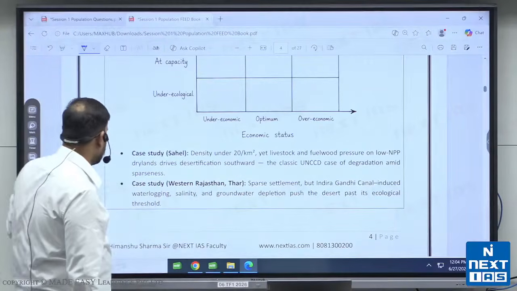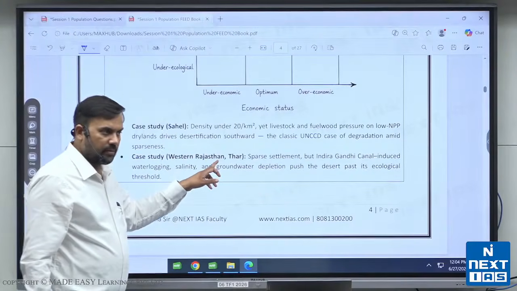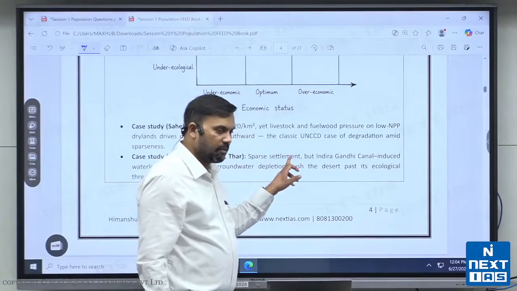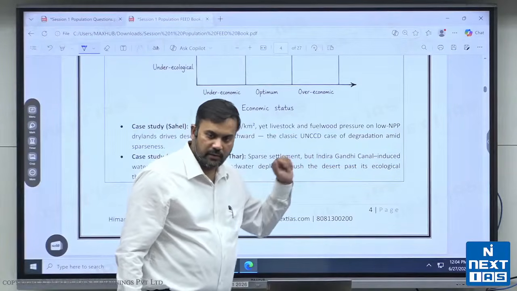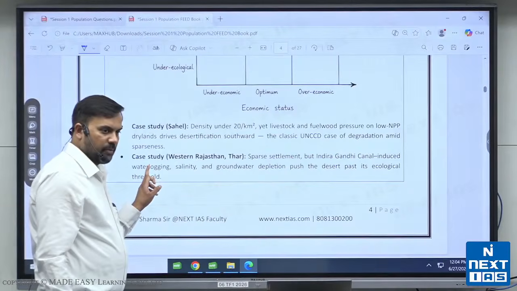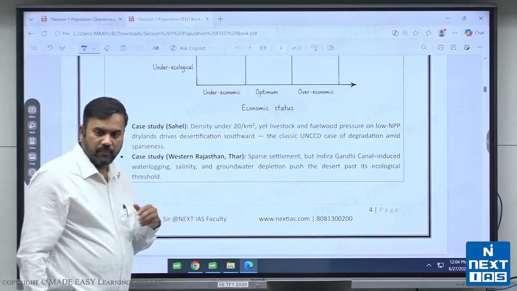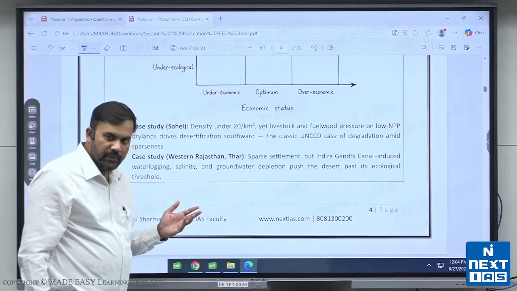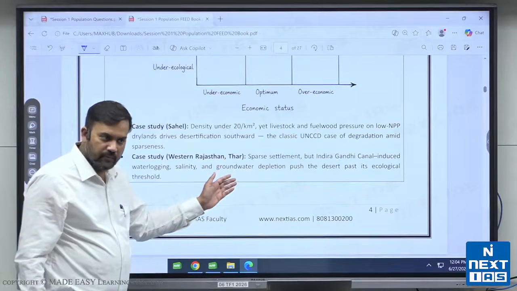Take another example, Western Rajasthan. So if you talk about the case of Western Rajasthan, sparse settlement, but recent times में क्या हुआ है? Indira Gandhi Canal has been induced, and there is problems emerging, various type of problems like water logging, salinity. बाद में देखेंगे, malaria has become epidemics, like malaria have become also a big problem in that area. ठीक है?